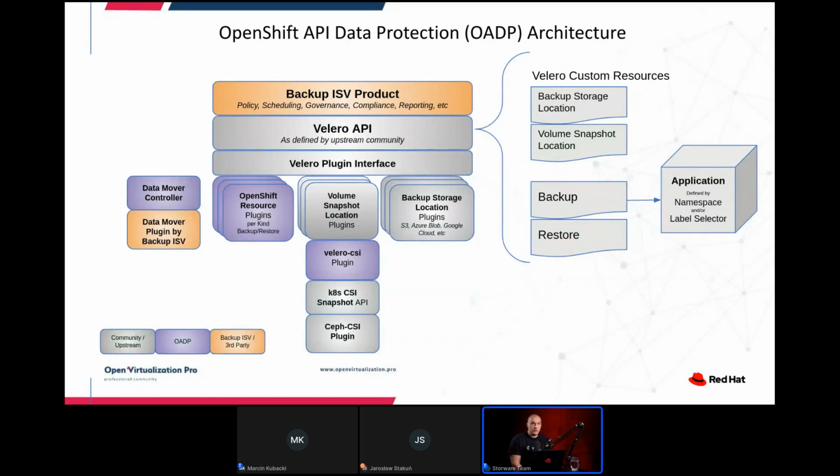But of course, in order to use it easily in OpenShift, we have developed the operator itself. We have also developed a plugin for Velero to integrate with the CSI storage drivers. And we also created the data mover tool I mentioned, which can be used to move the CSI snapshots to some external backup.